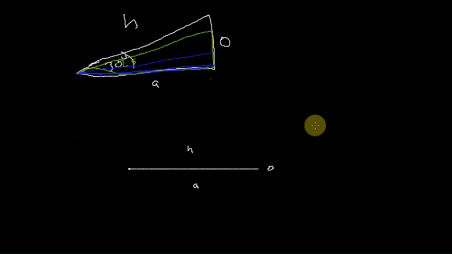So let's just do sine 0 degrees equals. Let's go back. So still not second nature there. Opposite, which is 0, over the hypotenuse, which is, let's just call the hypotenuse h for now. So what's 0?